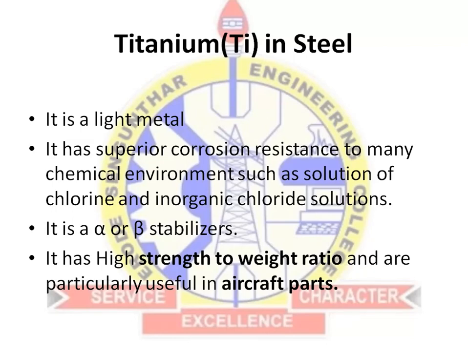It has a high strength to weight ratio and is particularly used in aircraft parts. Mainly aluminum as well as titanium are used for manufacturing parts. It is a light metal, so strength wise it is good, with low weight and high strength capacity compared with aluminum, which is also a metal with the same property.